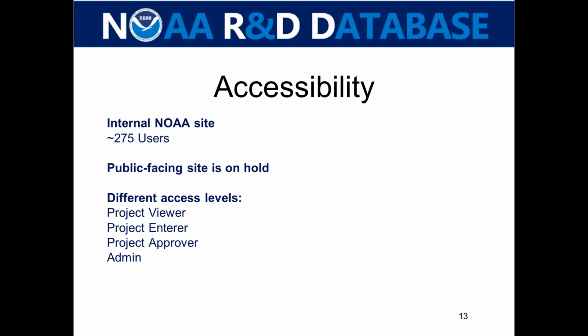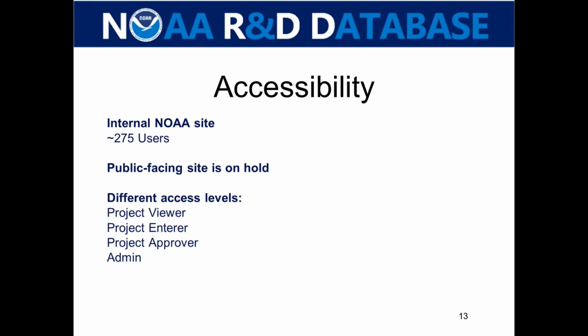Originally, it was designed to have a public-facing side. For now, it's on hold because of the political environment. And so we're not trying to draw attention necessarily to our R&D portfolio right now.